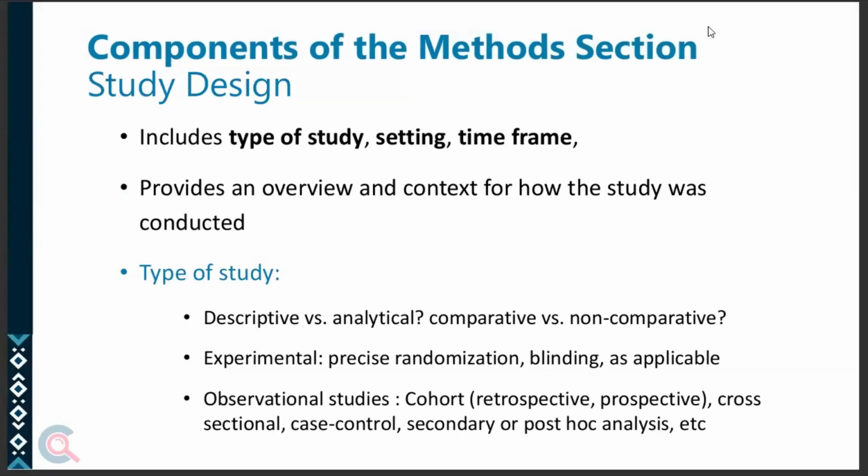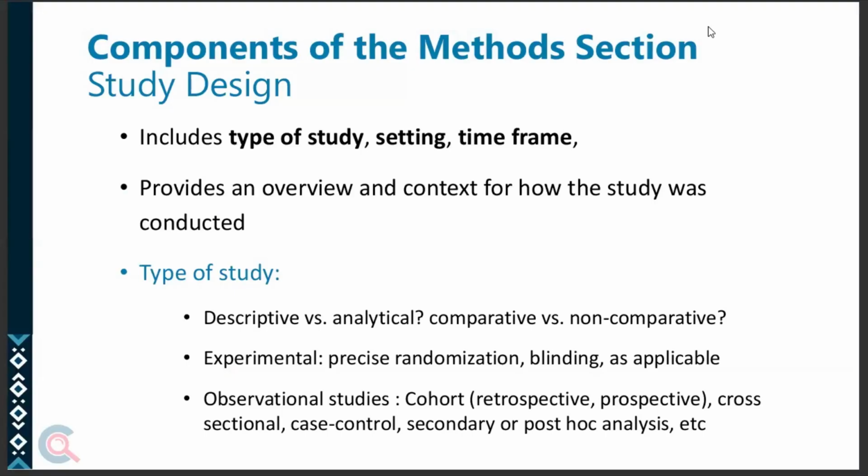For the study design, it is important to include the type of study, the setting, and the time frame. So the type of study is the methodology that was used. Was it a cross-sectional study? Was it an analytical study? Was it comparative versus non-comparative? If it's an experimental study, you need to specify whether randomization was used, whether blinding was used, where applicable.